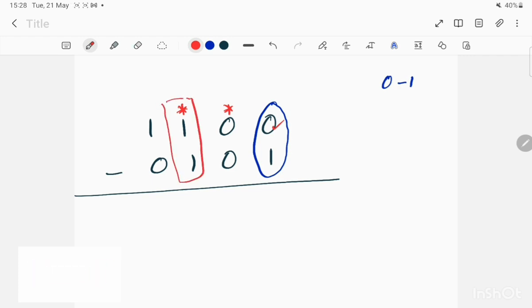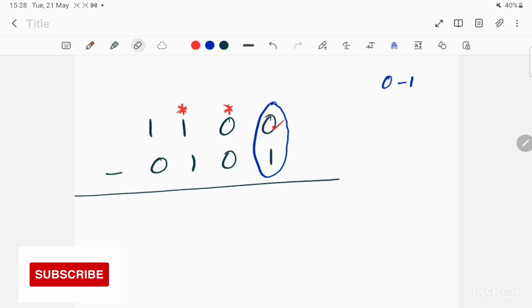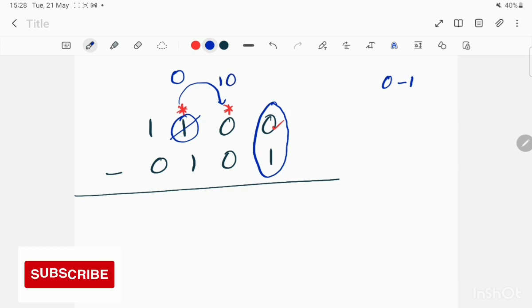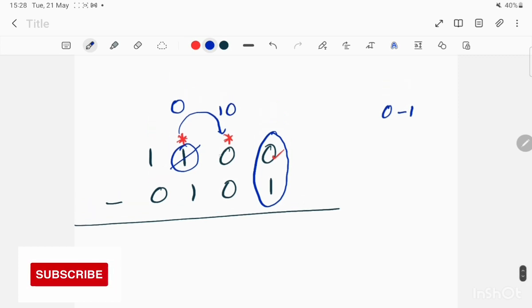Okay, now when we borrow from this particular neighbor, so first it will give to it. So when it gives something to it, it becomes 0. And this becomes 1 0. Because 0 is already there and it has taken 1 from it.